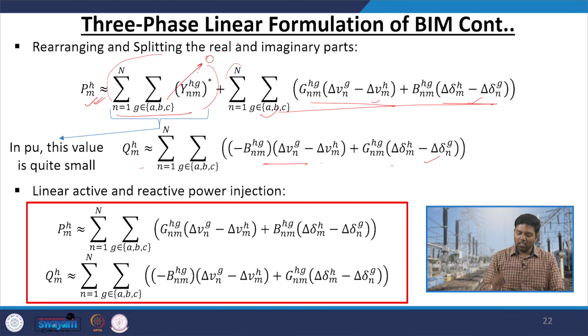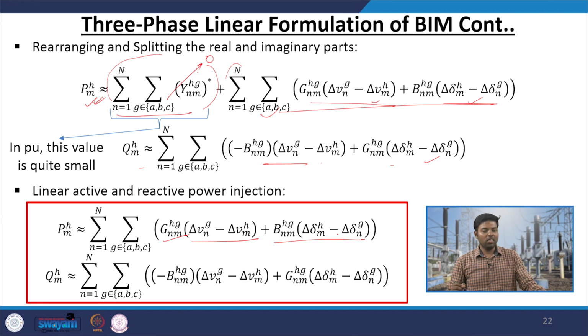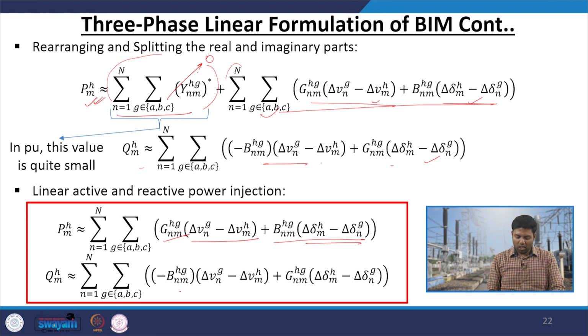So, by neglecting this term, you can now see the active power injection for bus M and phase H: it is the summation of buses, summation of phases, G meaning the conductance between the phase and the buses, then del Vn minus del Vmh, del Vng minus del Vnh, then susceptance and del delta Mh minus del delta Ng. Okay. So, if you do this, then your Qm is also minus and this.